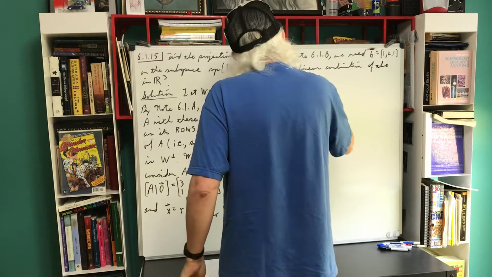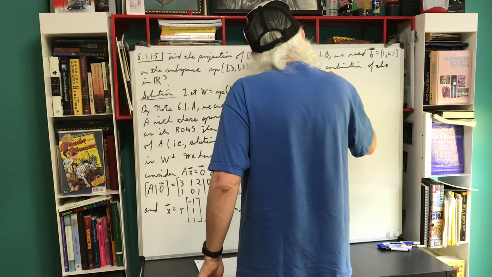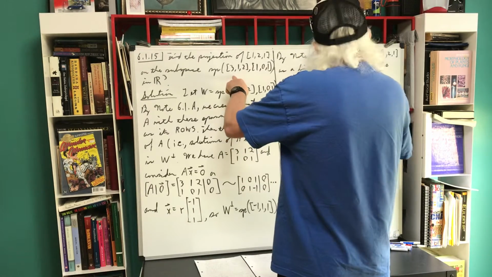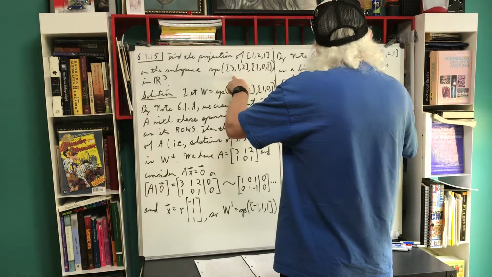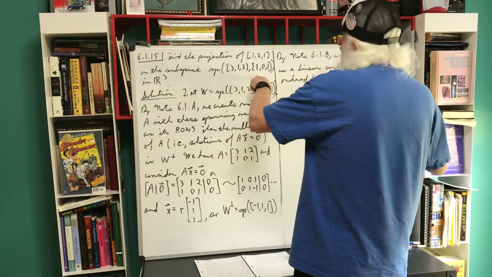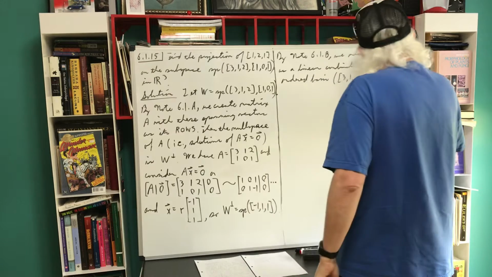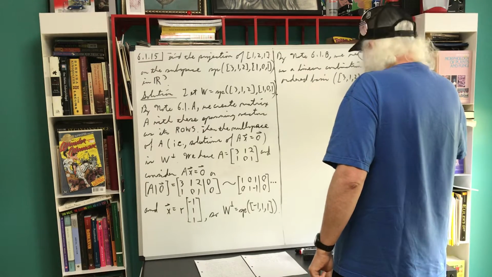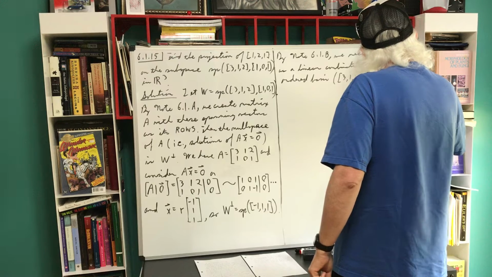Order matters here. The ordered basis is 3, 1, 2, then 1, 0, 1, and this one we found down here, -1, -1, 1, 1.